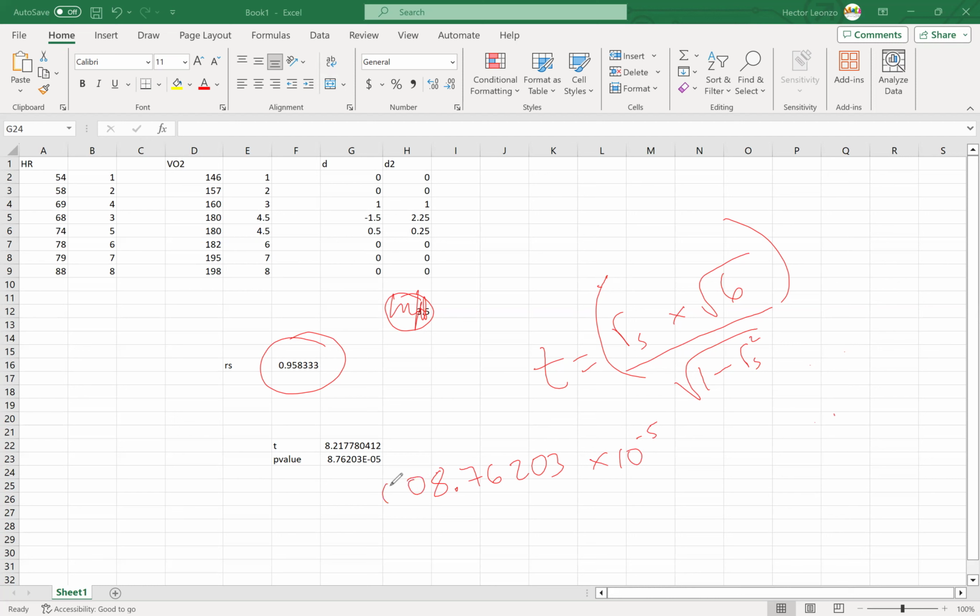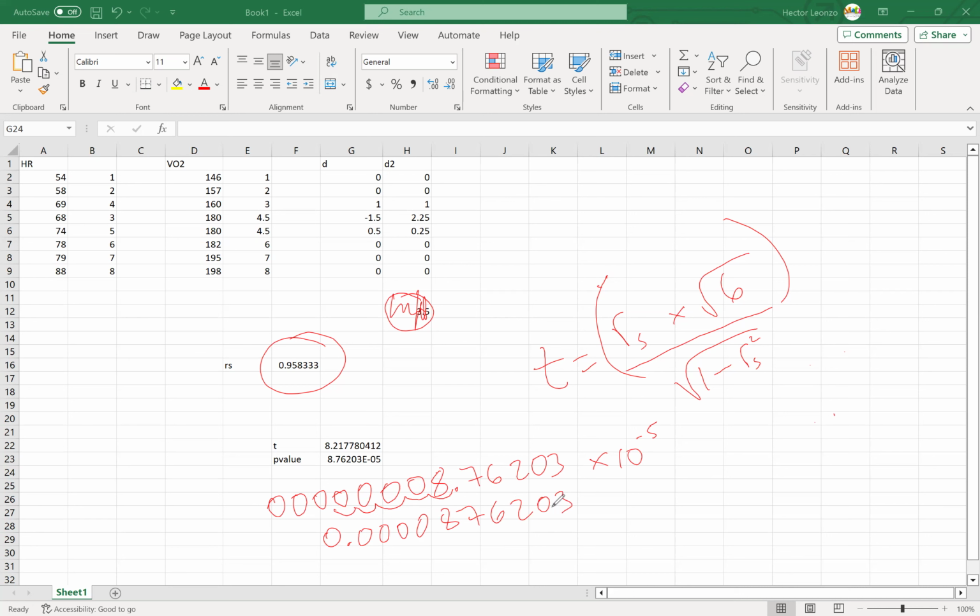All right, so let me add some zeros here. Probably I added more than I need. I need to move it 5 places to the left. So 1, 2, 3, 4, 5. So this gives me 0.0000876203. That's my p-value.